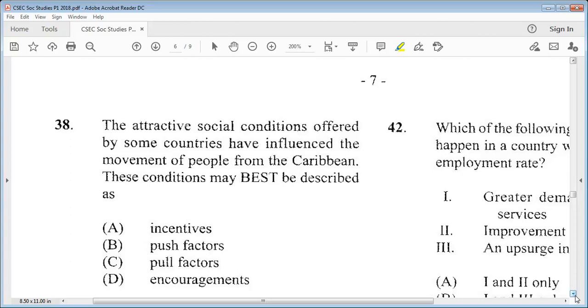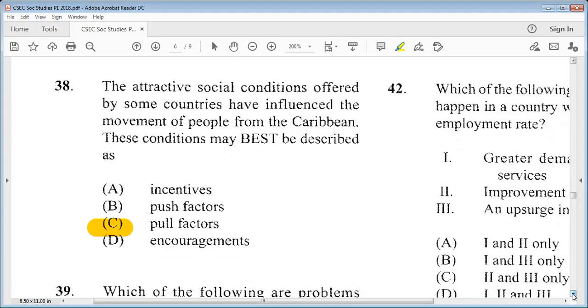Pull factors now are certain conditions or circumstances or opportunities that attract or entice people to move to a particular country or an area. So right away we realize the word attracts, attractive. So our answer would be C, pull factors. Let's move on to question 39.